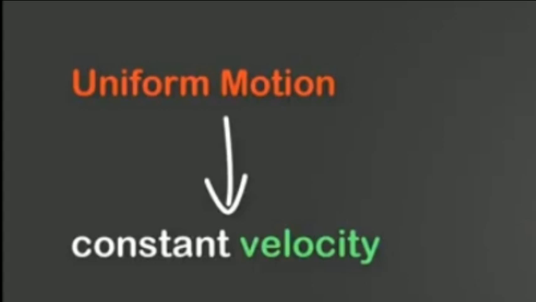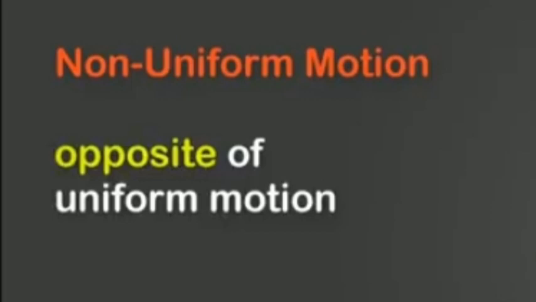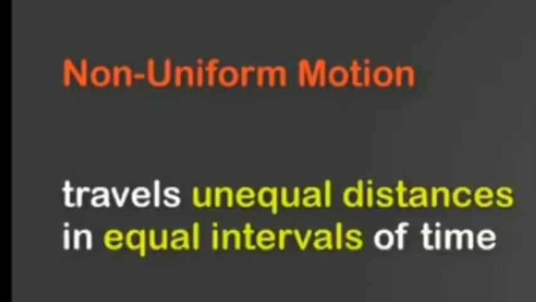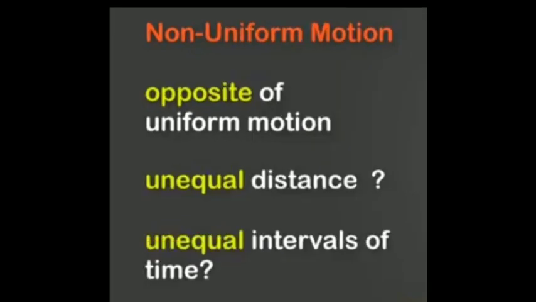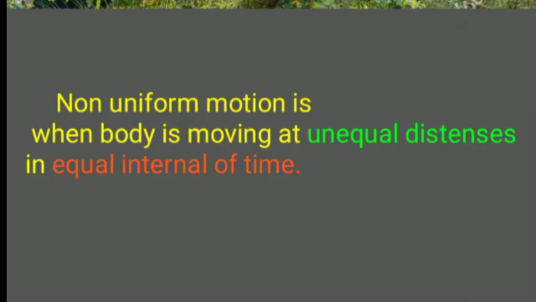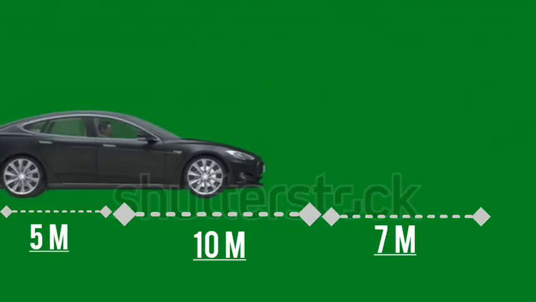Non-uniform motion is exactly opposite to this. So does that mean it travels equal distance in unequal intervals of time? Hold on. This is really confusing. The time interval should be kept the same. So non-uniform motion is where the body is moving unequal distances in equal intervals of time. Let us take an example.